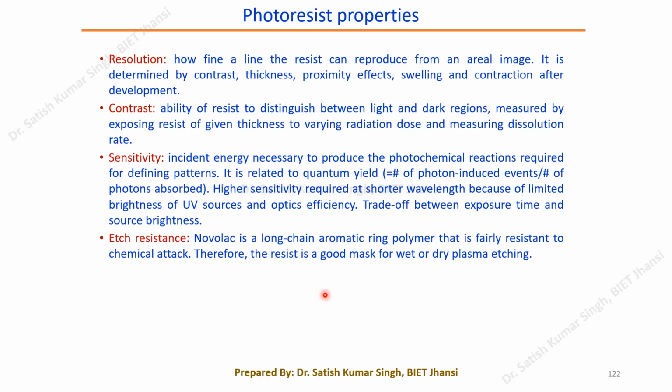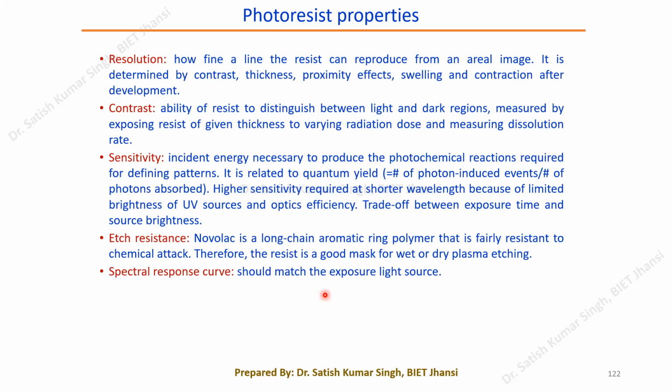Or otherwise you can go for ion implantation, and at that time this resist should be able to stop the penetration of your dopant molecules. The resist must act as a mask for your dopant materials. So that particular property should be there in each and every photoresist.